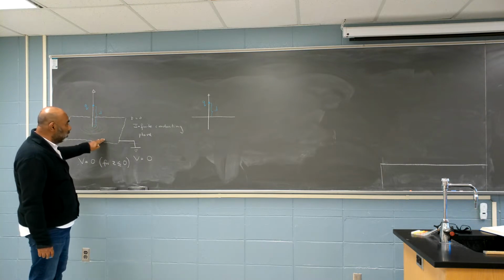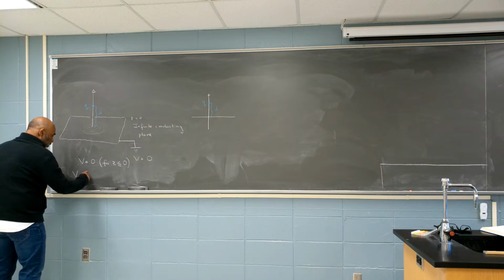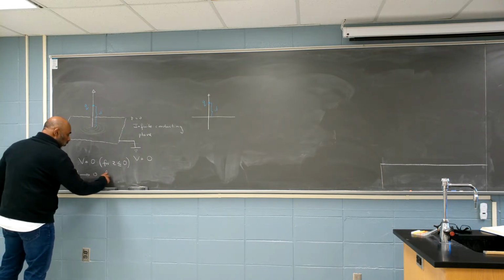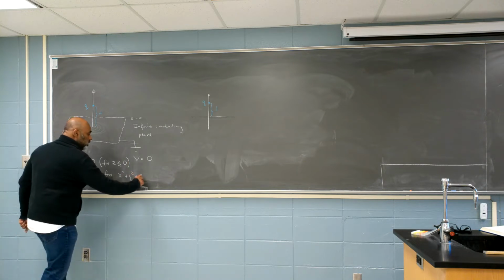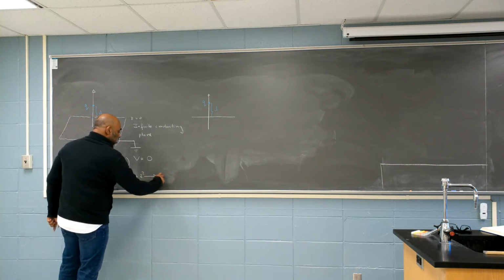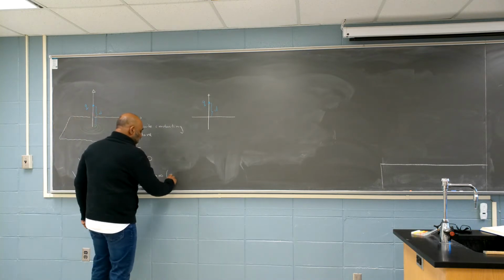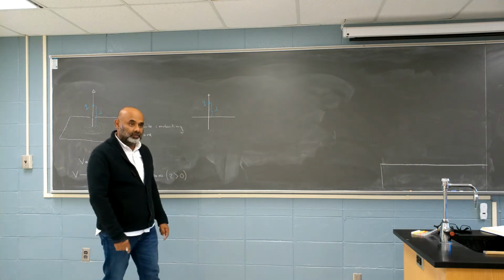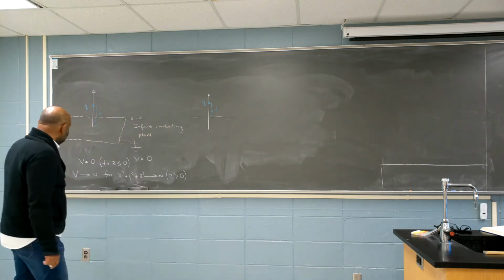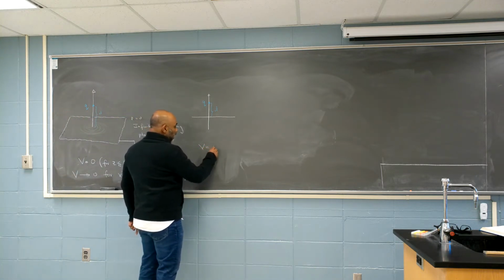The potential approaches 0 as x squared plus y squared plus z squared approaches infinity. And this is of course when z is greater than 0. For z less than 0, V is 0 everywhere.